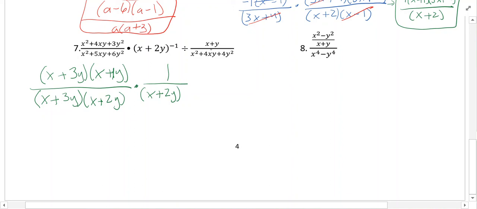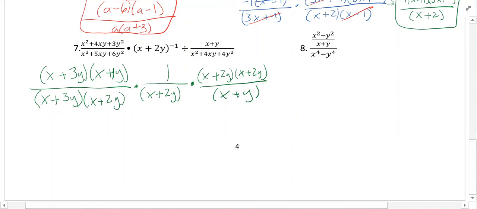And at this point here, I'm also going to flip this, and I'm going to factor at the same time. The bottom term here, the factors of 4 that add to 4, this is going to factor into x plus 2y times x plus 2y. And in the denominator, because remember I took the reciprocal here, I just have x plus y.